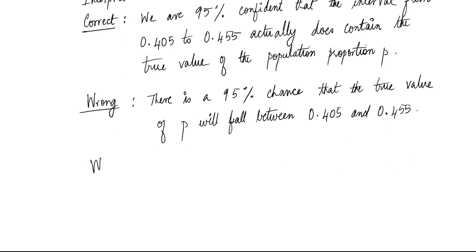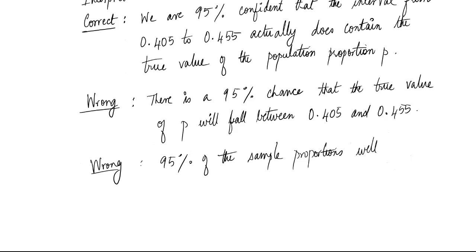There's also another wrong version: 95% of the sample proportions will fall between 0.405 and 0.455.